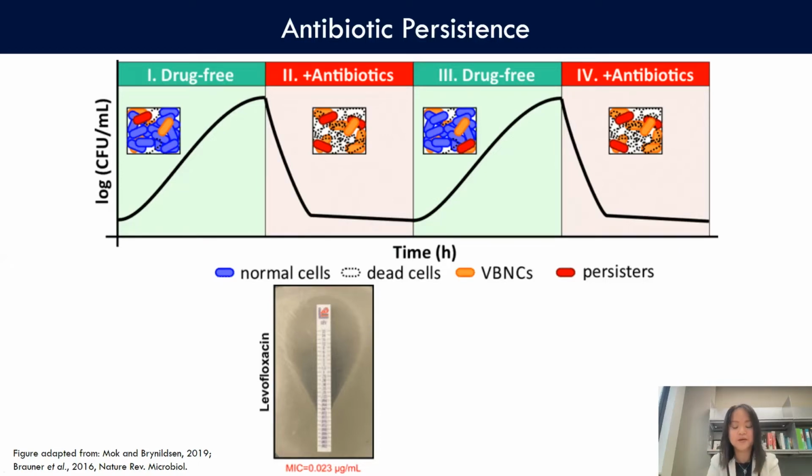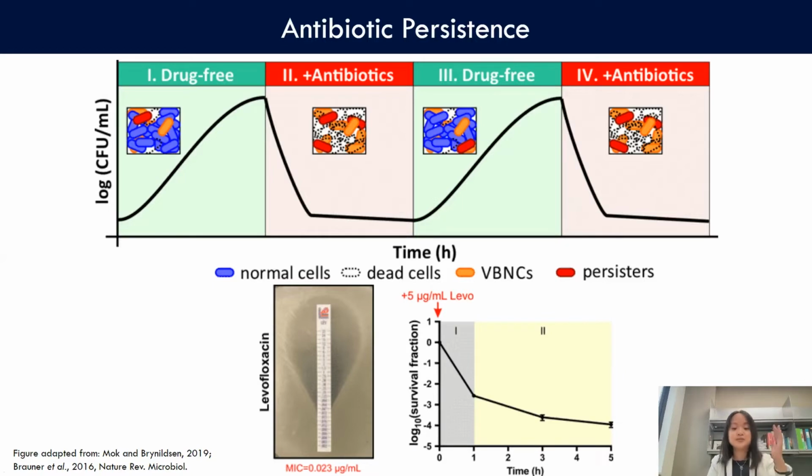But if we take this culture and allow it to grow and then treat the population with a high dose of levofloxacin, so here we had applied 5 micrograms per mil of levofloxacin. So this far exceeds 100 times above the MIC. And we track the survivors that remain over time. We see this biphasic kill curve, indicating that there are persisters in this culture.